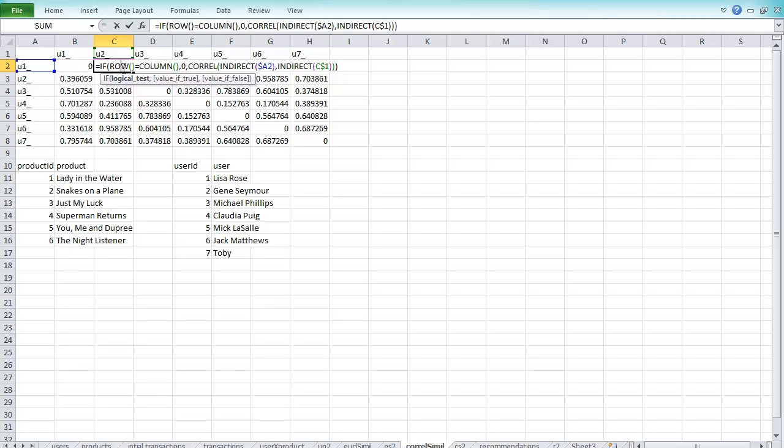We're not going to go into it, but we could have written it manually, 7 times 7, 49 times, and it would have been fine as well. The thing is that we want the correlation with itself to be a 0, because usually a correlation with yourself is a 1, but we just zeroed out those self correlations because otherwise it's going to be very high always, and we just don't want to consider that correlation with yourself.